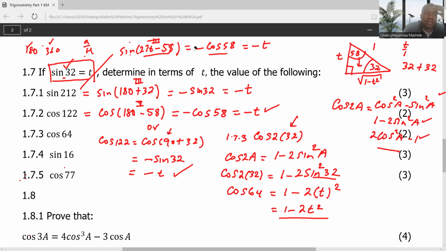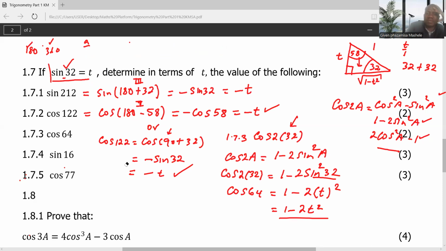For example, if we use the double angle for cos that has cos only, we will still get the same answer. If I say cos 2a is 2 cos squared a minus 1, where there is a, we substitute by 32. And what is cos 32?